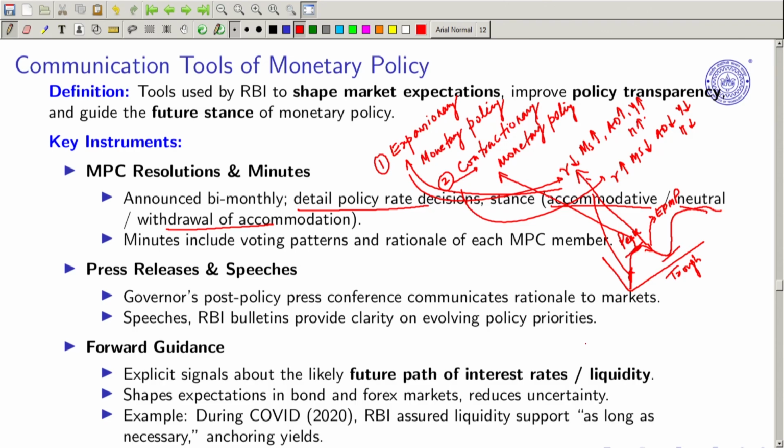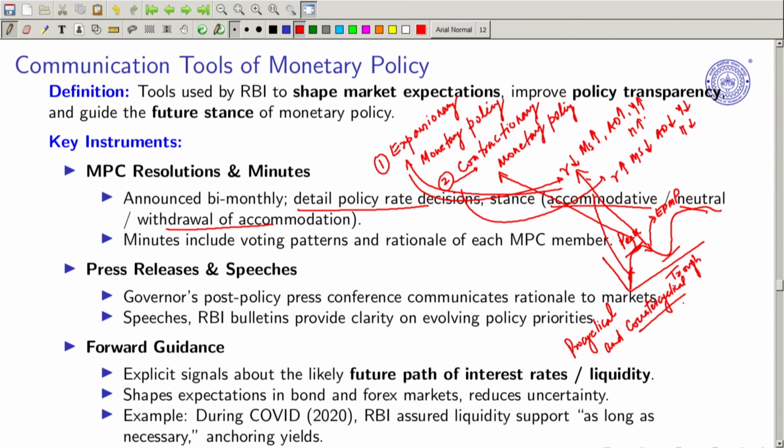In the technical sense we call this pro-cyclical and counter-cyclical, right? So this we often try and touch upon.